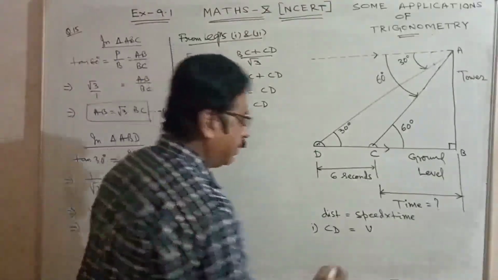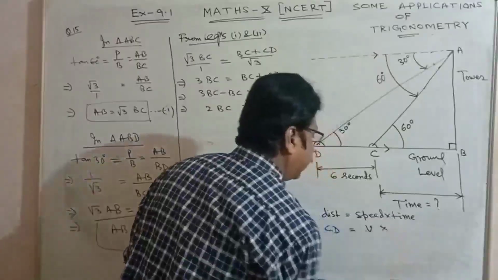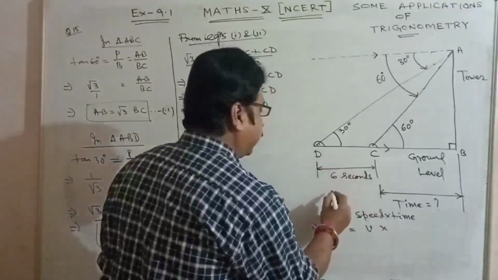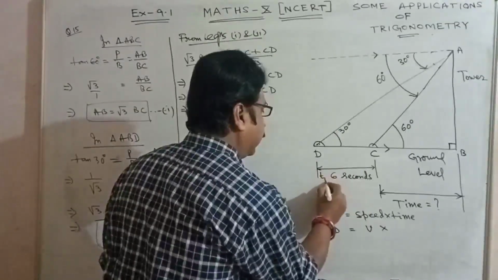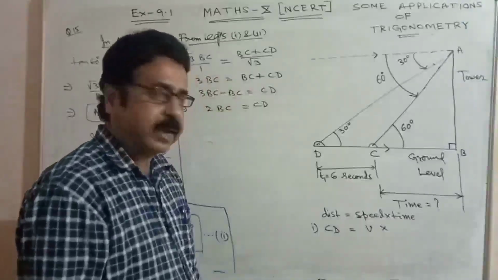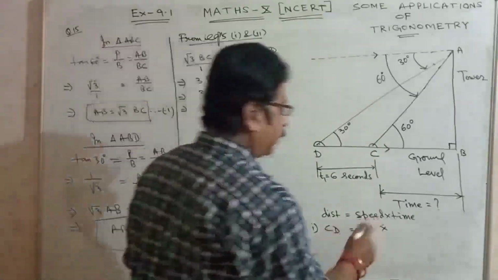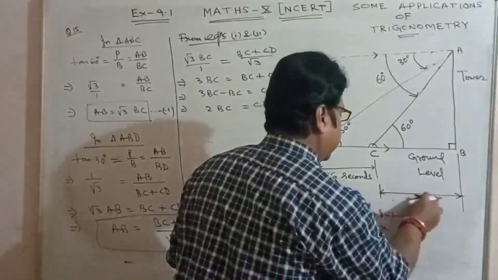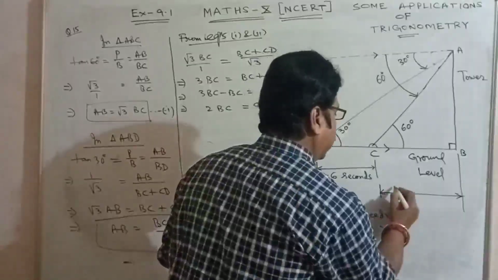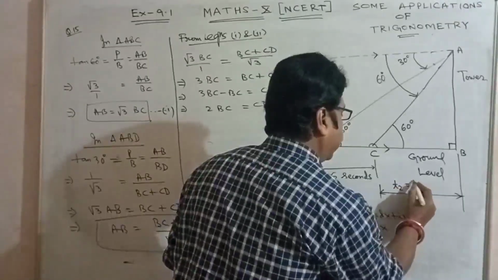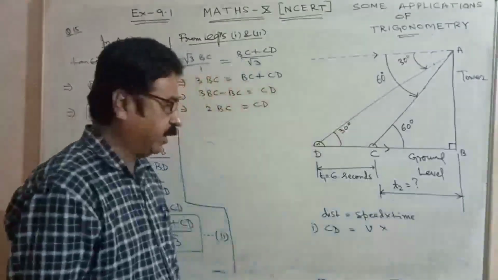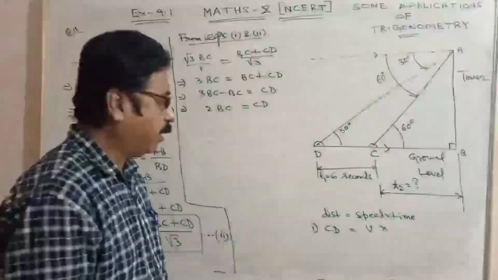And time is, suppose for the first case, T1 equals 6 seconds. And for this case, time taken is T2. This is the question. Speed is same, uniform speed.